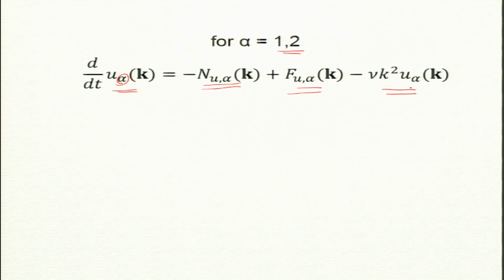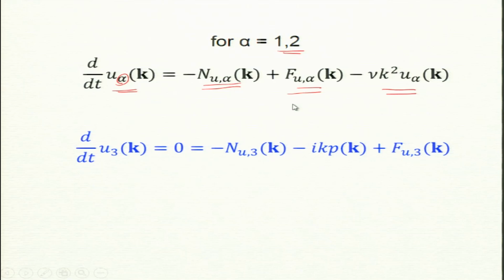What happens to the pressure? If alpha is 3, then we can get rid of that. Okay, if you put alpha is 3, but what about du3 by dt? 0. So there is no component of velocity along 3. So precisely take the component along this thing. So this I get 0.